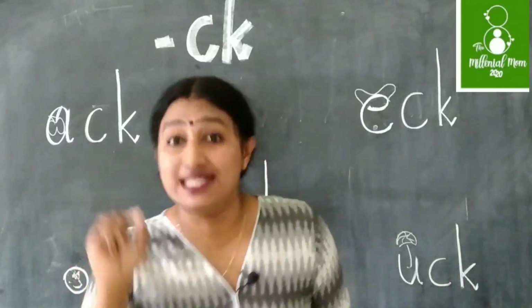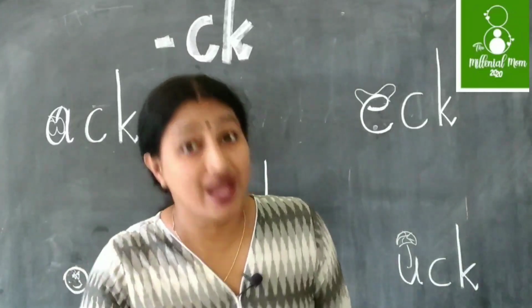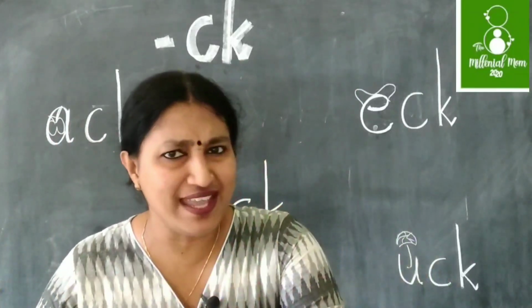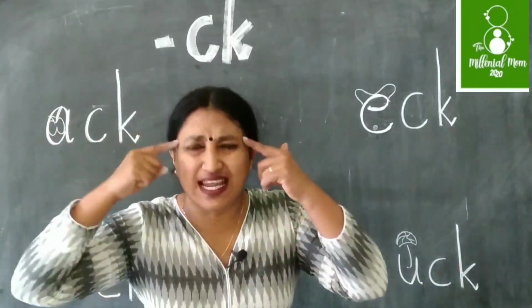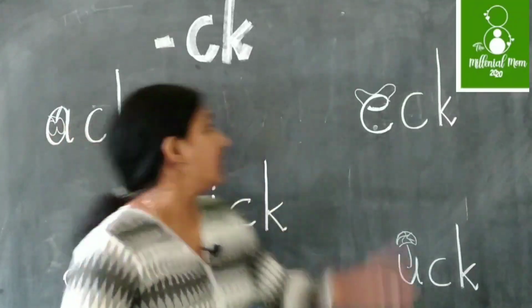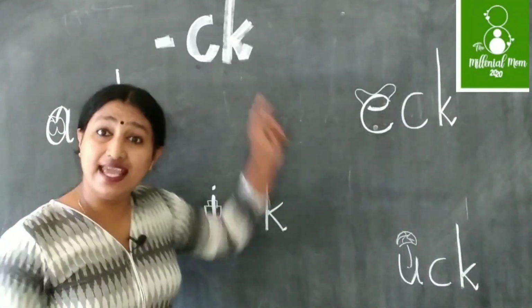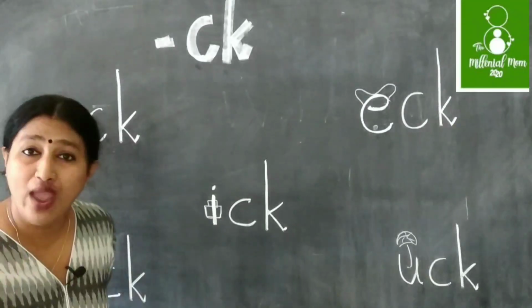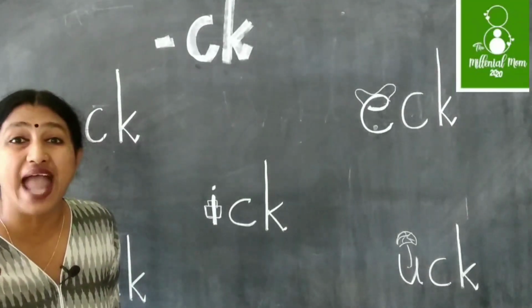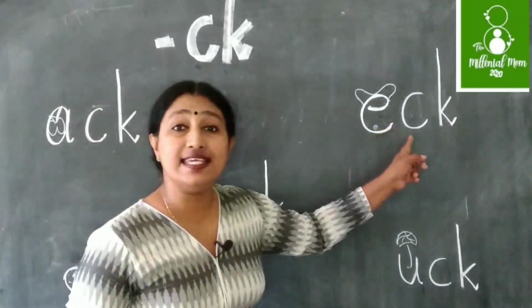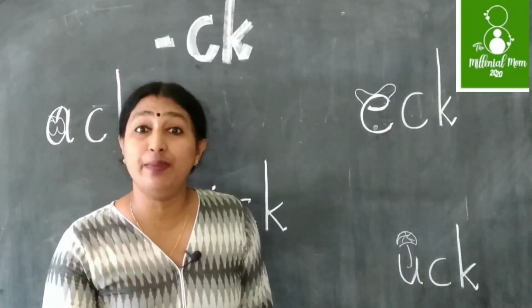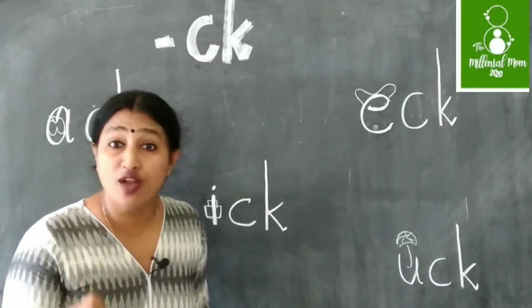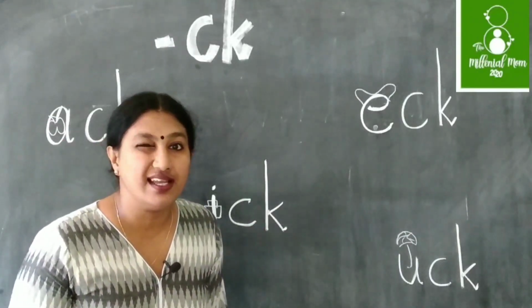So dear parents, dear children, what you should remember when you learn the CK word family, six things you need to study at the start: the sound of CK is K. ACK will always be ak. ECK will always be ek. ICK will always be ik.